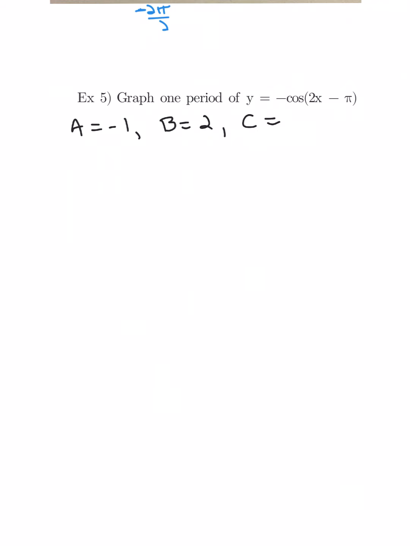And c is negative pi. So in looking at this then, amplitude, because the number is 1, the amplitude will still just be 1. But it was negative, so we are going to have to flip this function.